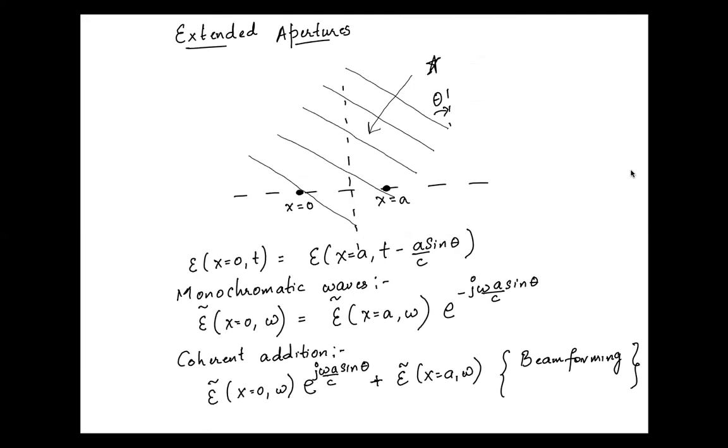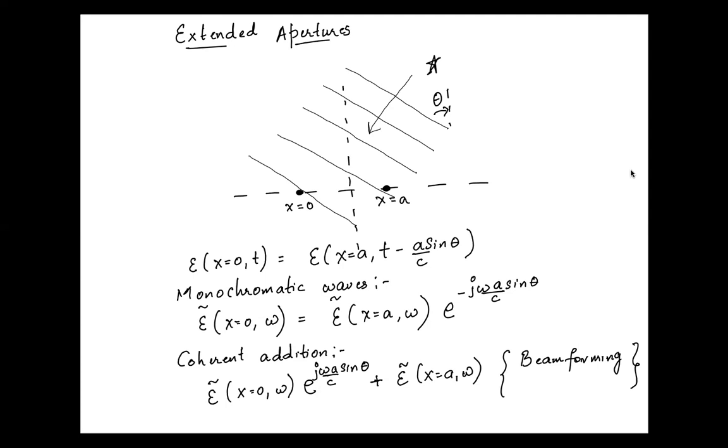So let's take a simple two-dimensional case, where you have a detector on the x-axis at x equal to 0. You have another detector measuring the electric field at x equal to a. And let's suppose that there is some source which has plane waves coming where the wavefronts are making an angle theta with the zenith, as I've shown in this figure.